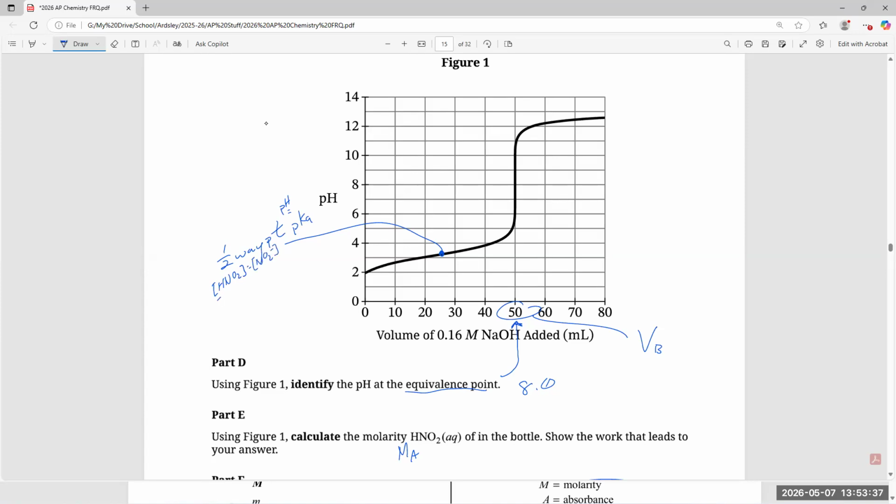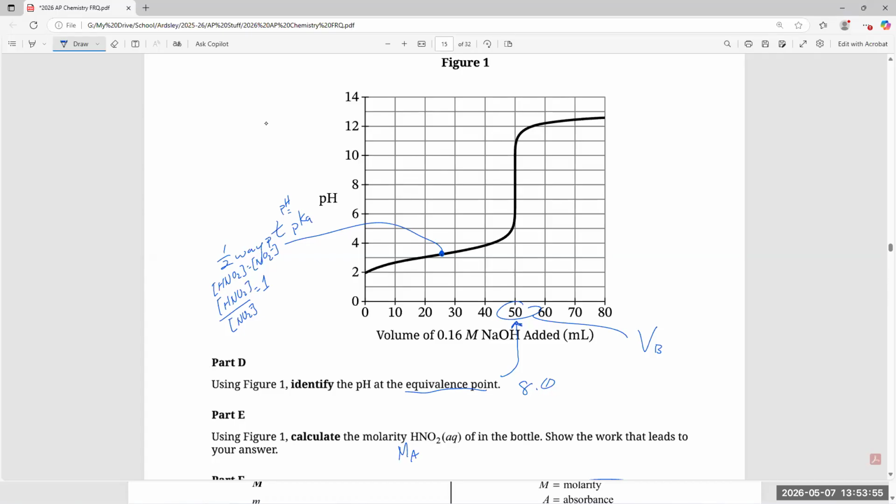In other words, the ratio is equal to 1. That's a 1-to-1 ratio, where the acid and base are equal to each other.